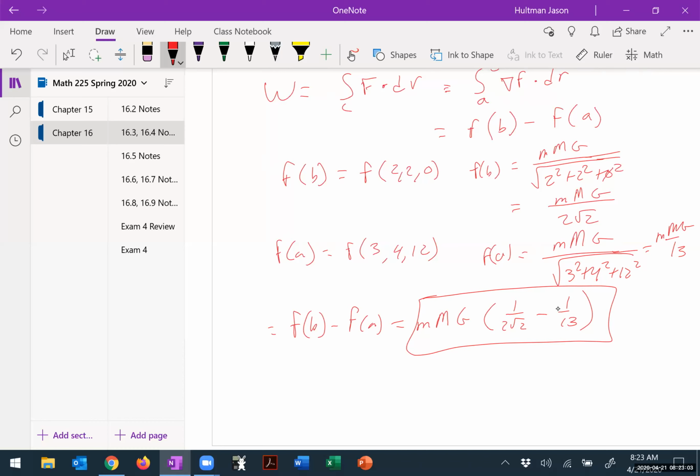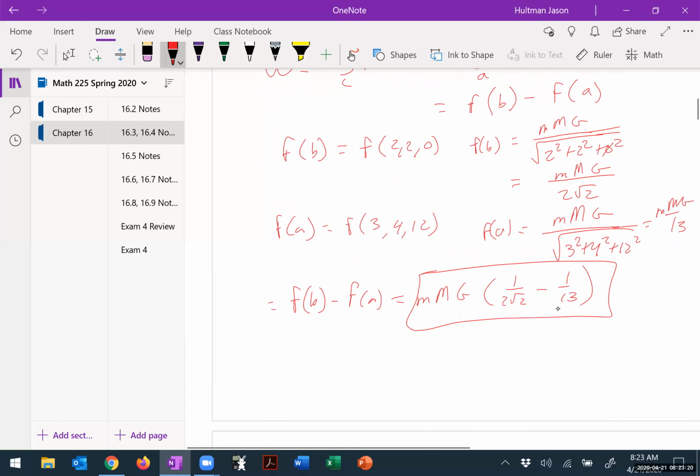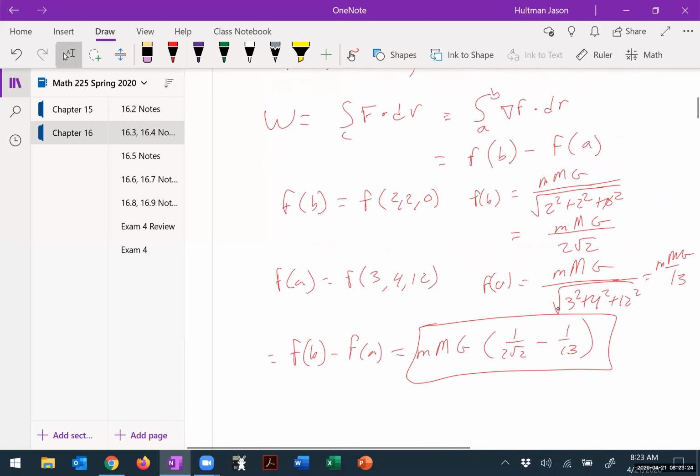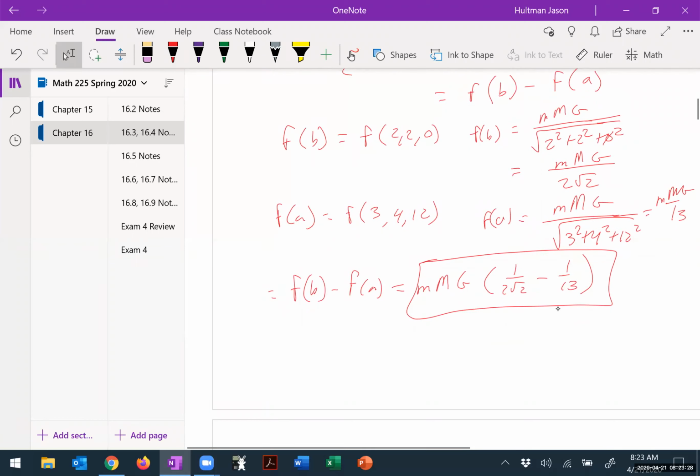We're not going to be so nice on the ones to come. They did derive this function back in 16.1. It's not something they're really going to be tested on, but if you want to reference back to 16.1, they did derive that vector field, that force field.